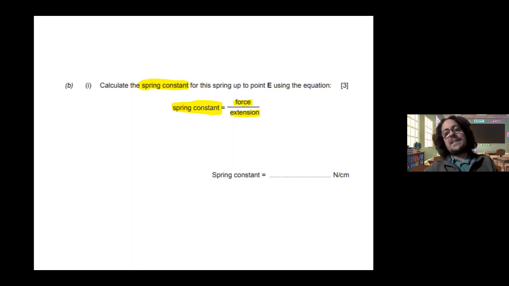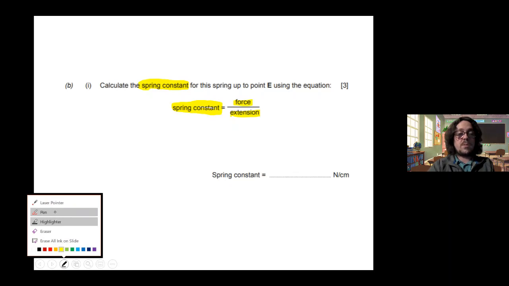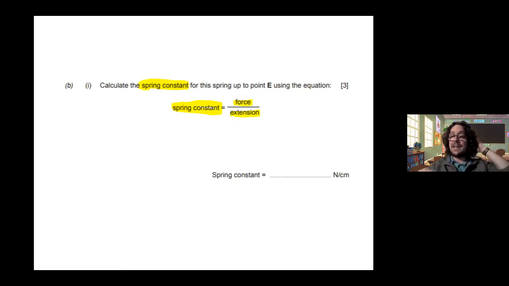So this is an easy example of how this question could have been phrased. But I want us to think about, could we have done this if it had just said spring constant? I think we could have, and I'm going to show how we could have got that formula, because some harder questions will be exactly like that.